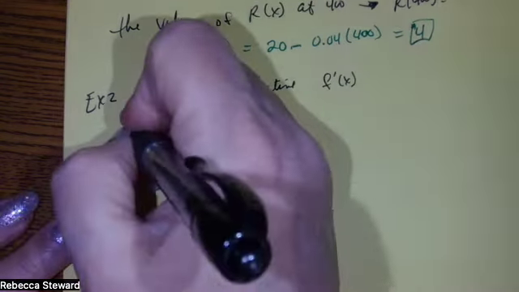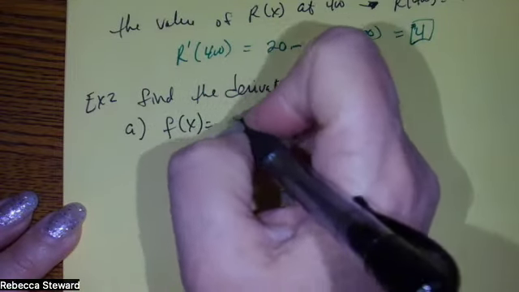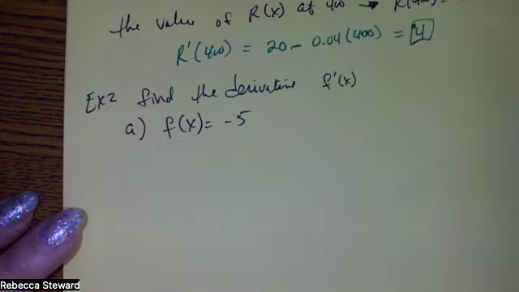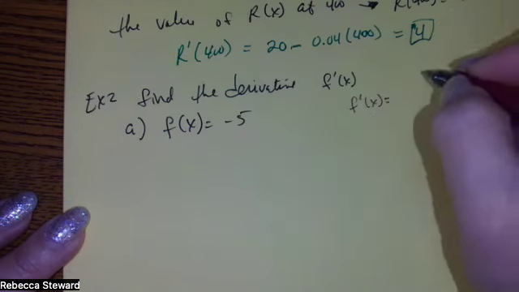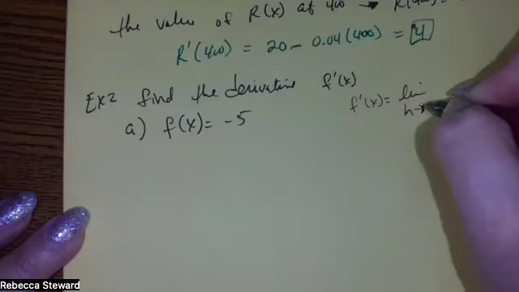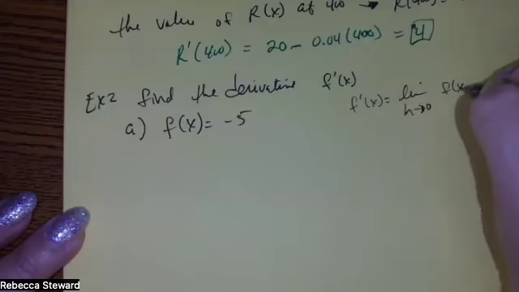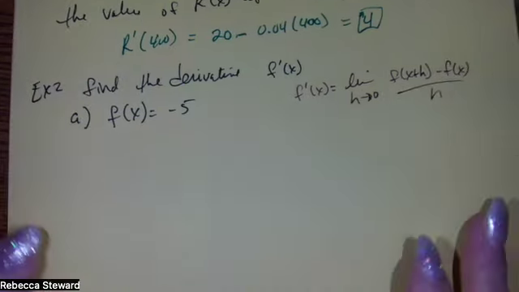So let's go for part A. We have f of x equals -5. Just to recall, we are using that f prime of x is equal to the limit as h approaches 0 of f of x plus h minus f of x all over h.